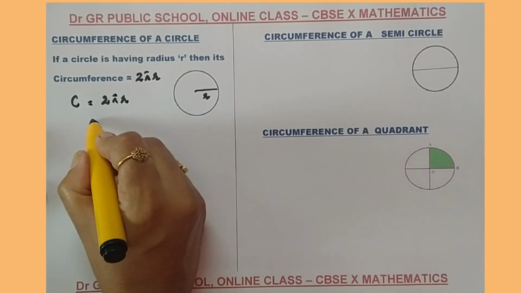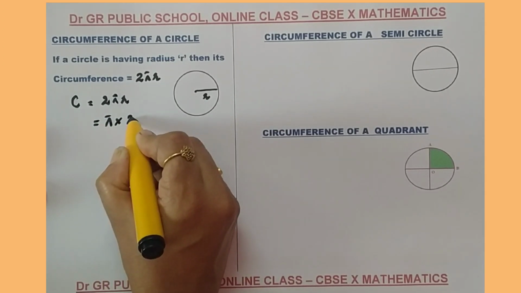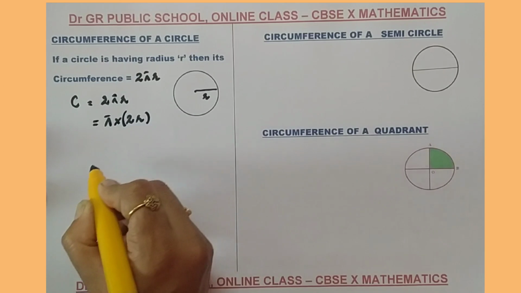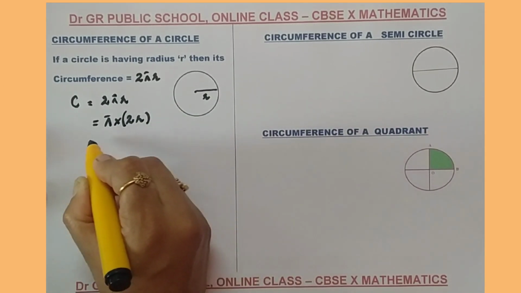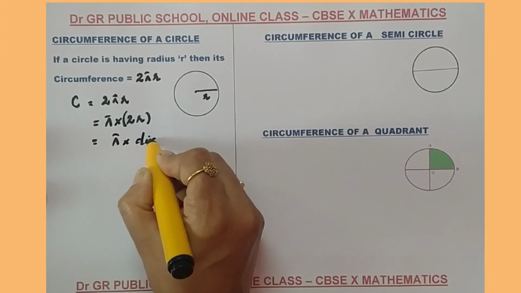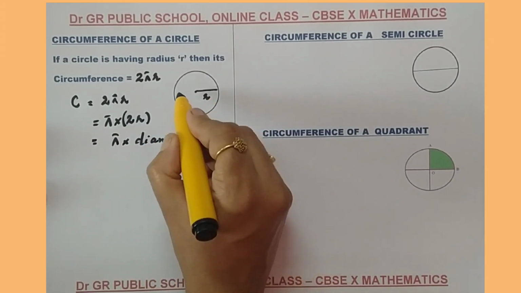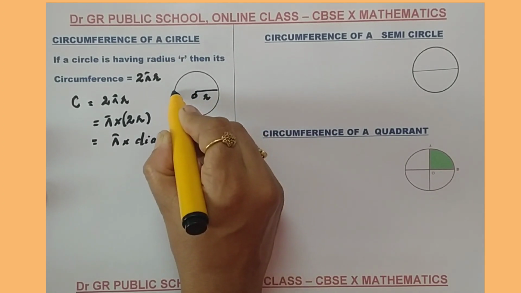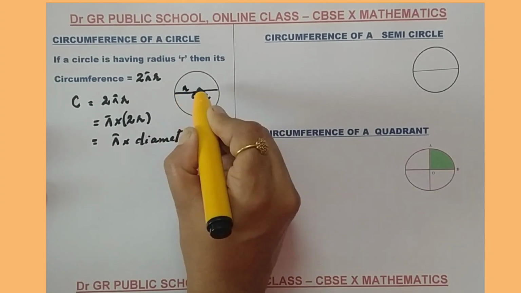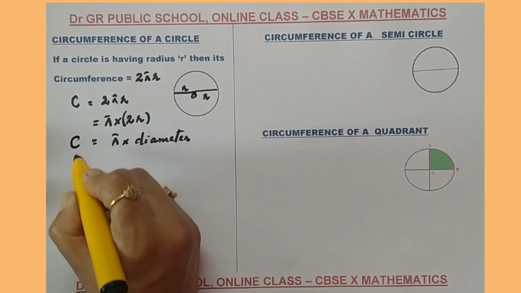I am going to arrange it again in this way: pi at first, into 2r in a separate bracket. But you know that double the radius is called the diameter. So, I am going to write this 2r as the diameter of the circle, because if this is the radius, this also will be the radius of the circle. 2 times radius will be the diameter of the circle. The left side is the circumference.